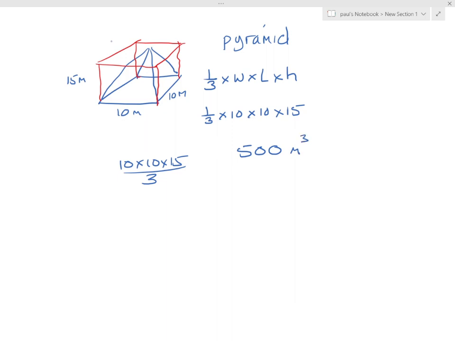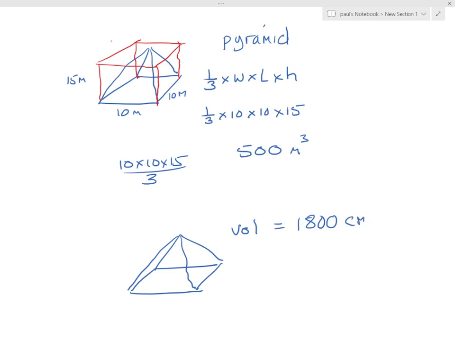Now it could be that they give you the volume of a pyramid and ask you to work out maybe the height or something like this. So if the volume of this is equal to 1800 centimeters cubed, and the base is 30 centimeters by 30 centimeters, what's the height?